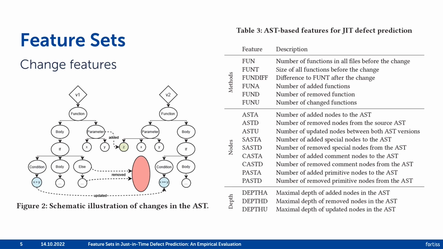And also we cluster primitive changes to tell if numbers or strings changed. And last but not least, we report on the depth of the change. So we take the abstract syntax tree and look at how deep were nodes changed. And this should represent how difficult it is to understand the change.